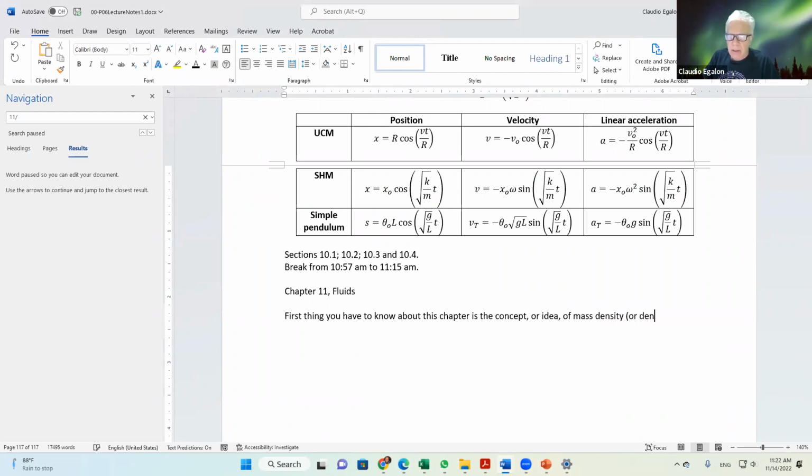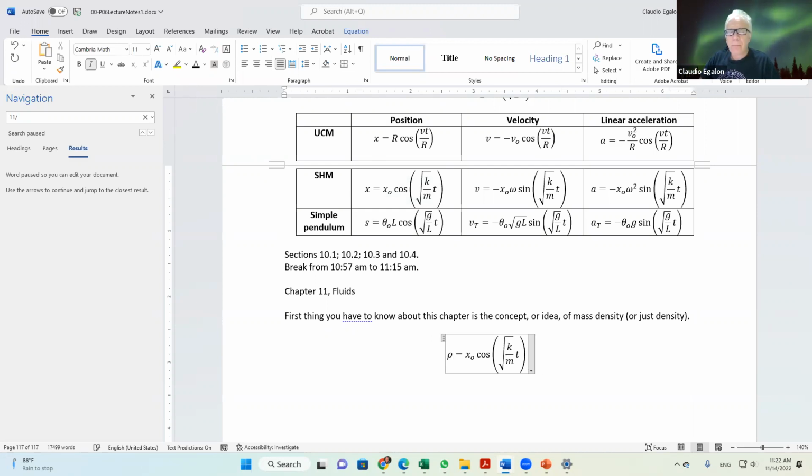We use the Greek letter rho to denote density.